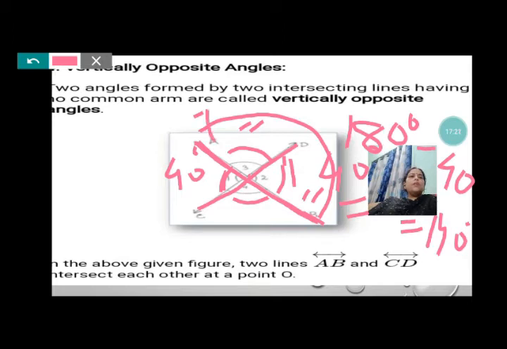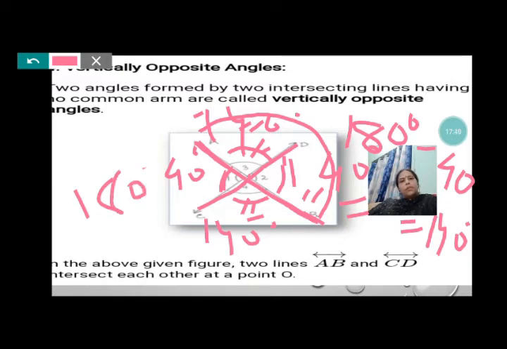So this angle will be 140 degrees. This is vertically opposite to this, so this will also be 140. And 140 plus 40 is 180, because this also makes a straight angle.